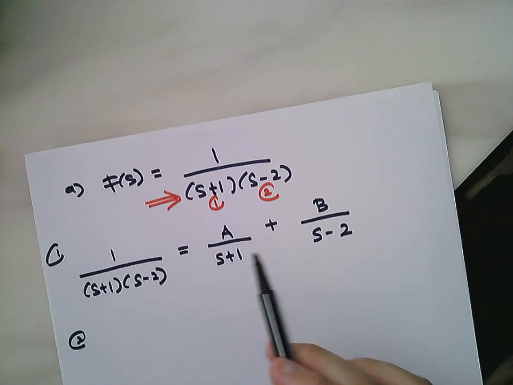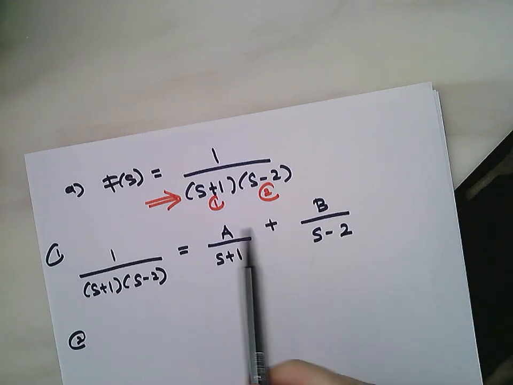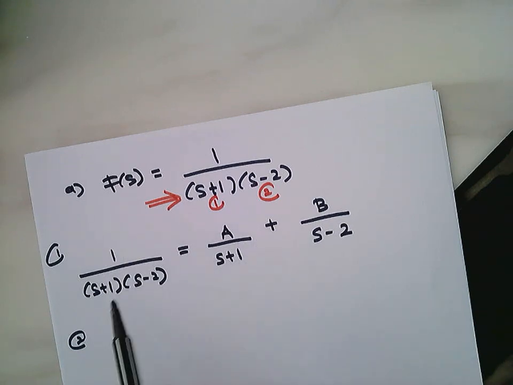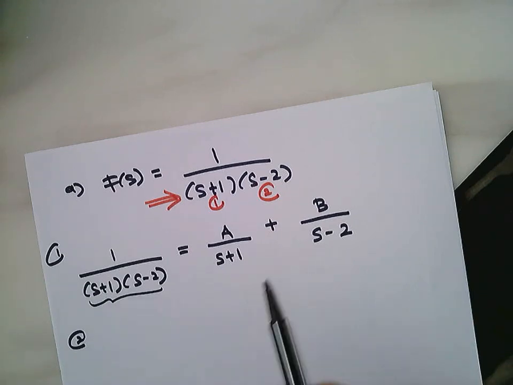Before you can find the value of A and B, before you can compare left hand side with right hand side, you need to make sure what you have on your left hand side is equal to what you have on your right hand side.